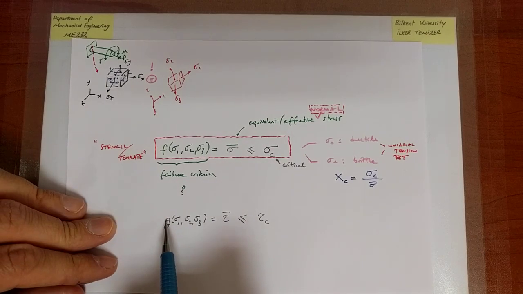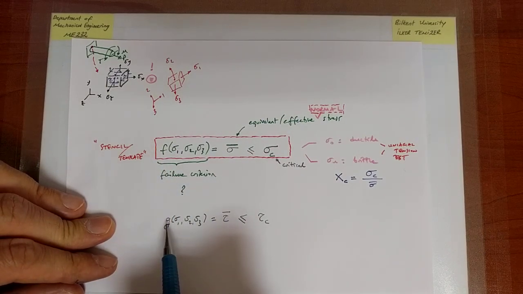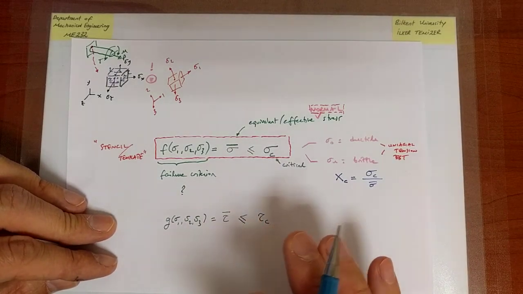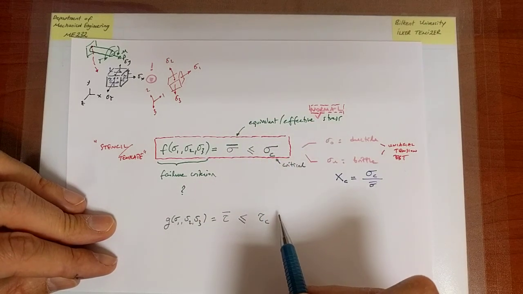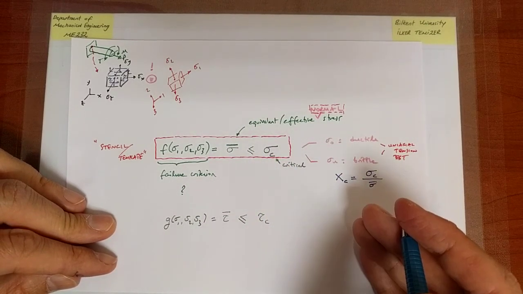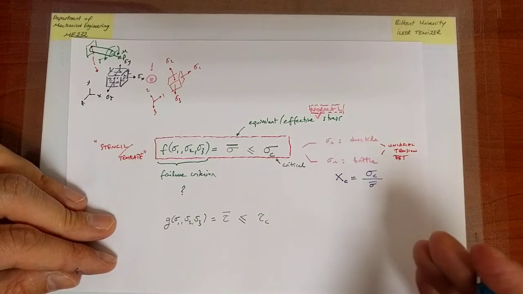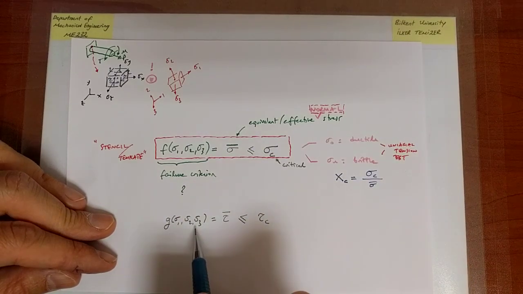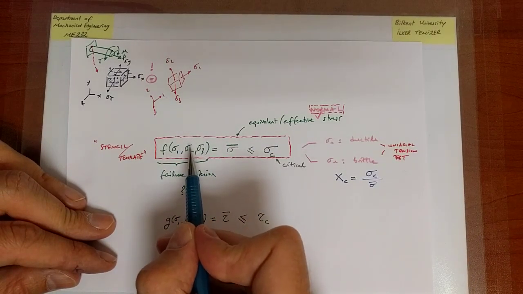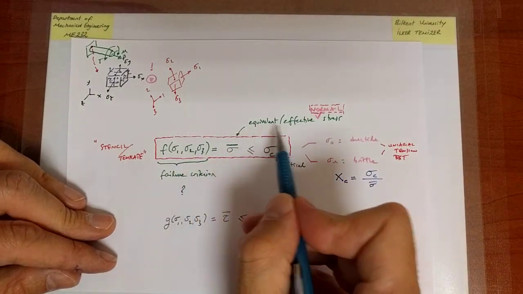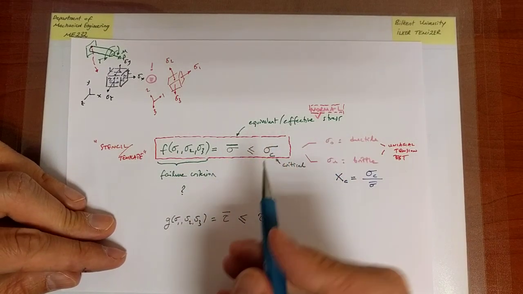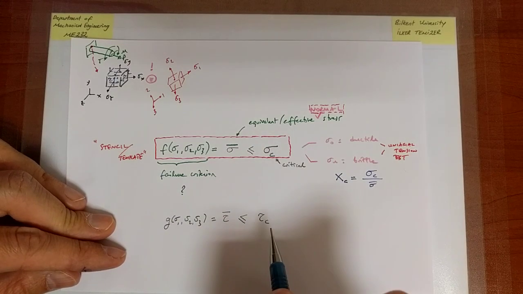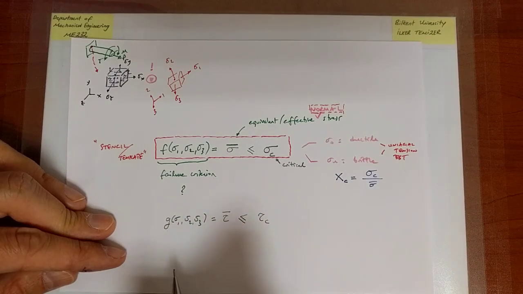Either formulate it like this or like that, you will reach eventually the same decision, whether the material fails or not. The two formulations, however, will differ mathematically. This function will not be the same as that function. But if in the effective normal stress formulation I predict failure, in the effective shear stress picture failure will also be predicted in exactly the same limit to sigma 1, sigma 2, sigma 3.